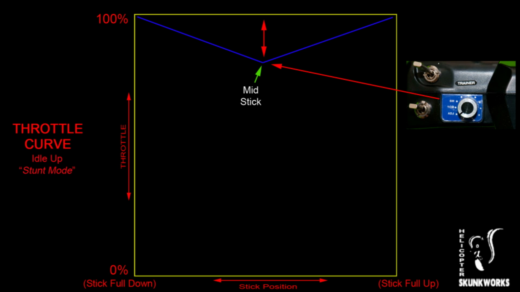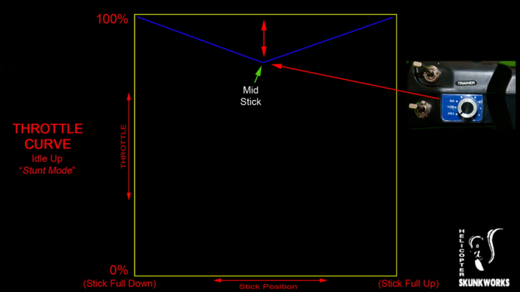Now in the idle up mode, the switch on the graph here, I know it doesn't show it in idle up mode, but just pretend that it is. You can see that the knob is turned all the way to the left. Now what that means in idle up mode is that when you're at the mid stick point, which is what the red arrow is pointing to, wherever that knob is turned controls how much throttle output or how much motor output is going to be at that point.